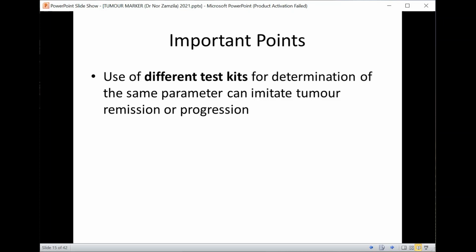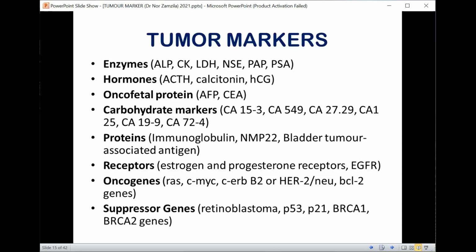So I said what you have to do is take this current one as baseline, then repeat after this and see the pattern. You cannot compare the results of tumor markers done in IUM to HTAA because we are using a different method and different analyzer.